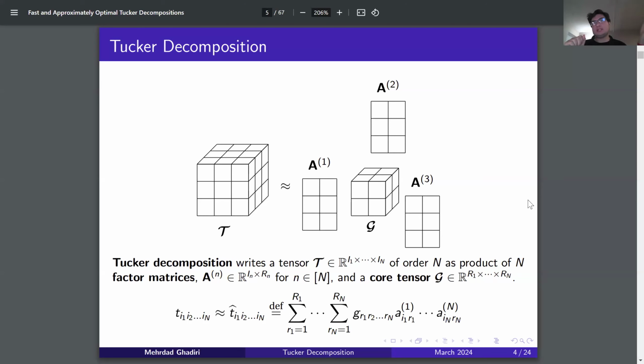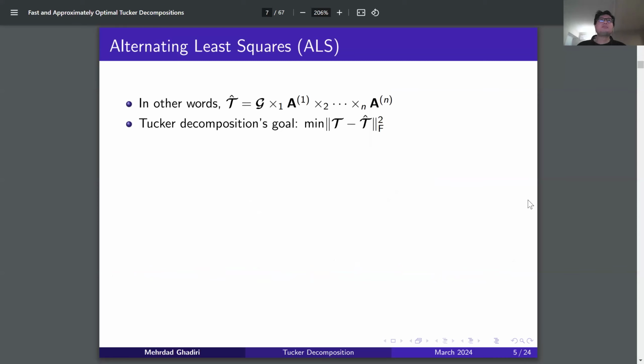A1 times them gives 3 by 2 matrices. Concatenate them, you get a larger tensor. Again, slice it in another direction, do the same thing with A2, and slice it in the third direction, do the multiplications with A3 and concatenate that. And then you get a reconstruction of the original tensor. And what is the goal? Also, we show it with this notation, which is mod 1 product, mod 2 product, mod n product.